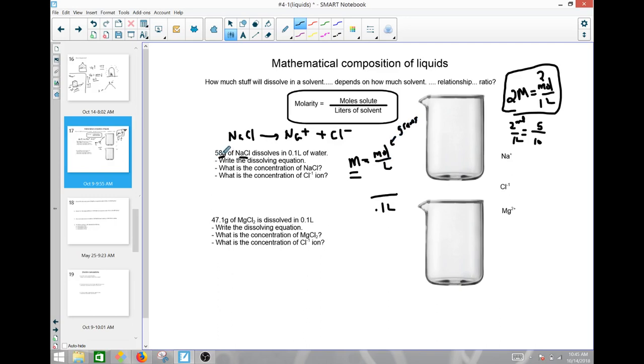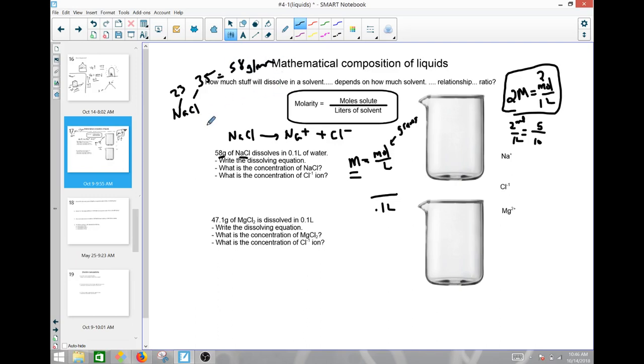To flip this, how many moles is 58 grams? Well, I don't really know that, but I do know how much 1 mole is. So here comes the proportion. NaCl: this is approximately 23, and this is approximately 35. That's AMUs per atom or grams per mole, giving us a grand total of 58 grams per mole.